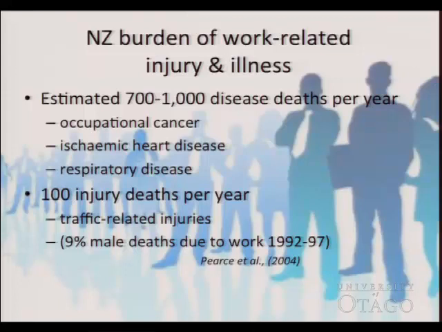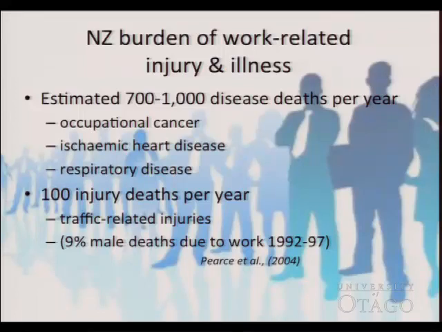Unfortunately, when it comes to counting the burden in terms of the number of fatalities and the number of serious injuries and illnesses that there are in our community, we don't do a very good job at that for a number of reasons. It's really difficult to capture disease because a lot of occupational diseases have a really long latency period.